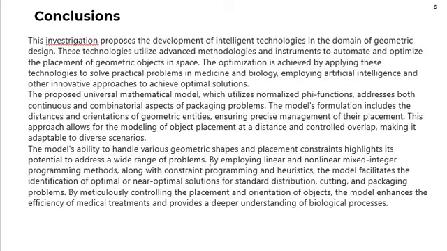This approach allows for the modeling of objects at a distance and controlled overlap, making it adaptable to diverse scenarios. The model's ability to handle various geometric shapes and placement constraints highlights its potential to address a wide range of problems.